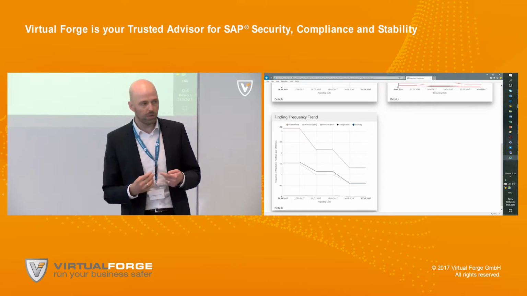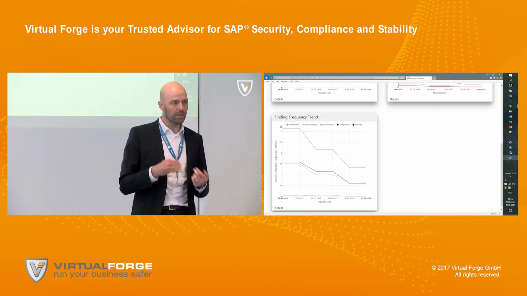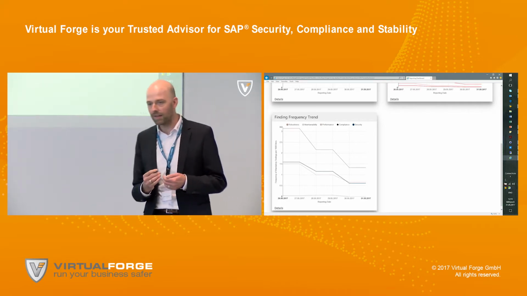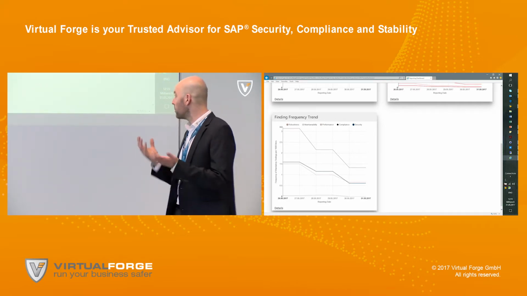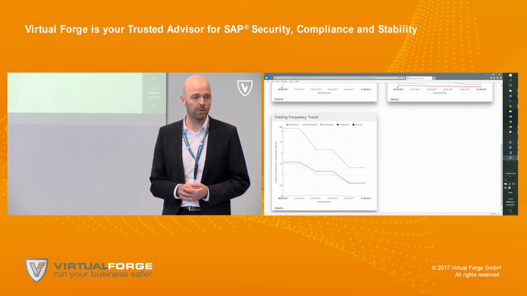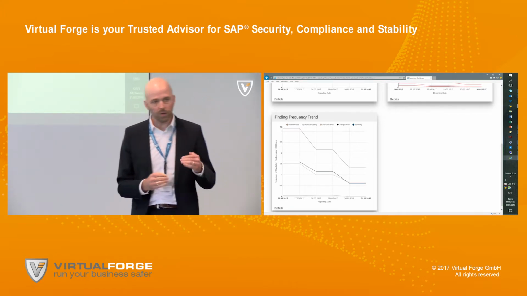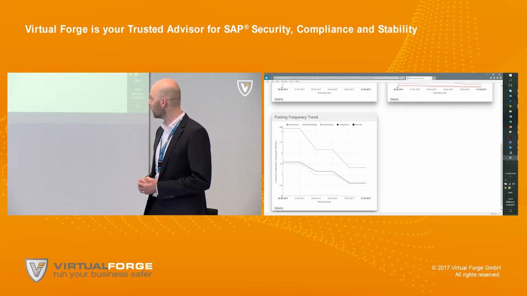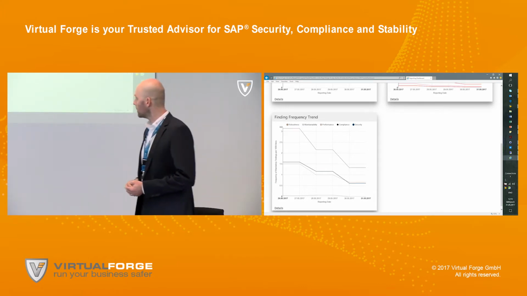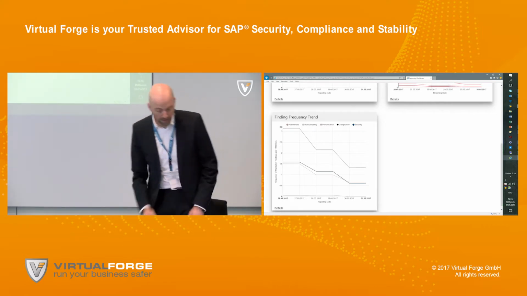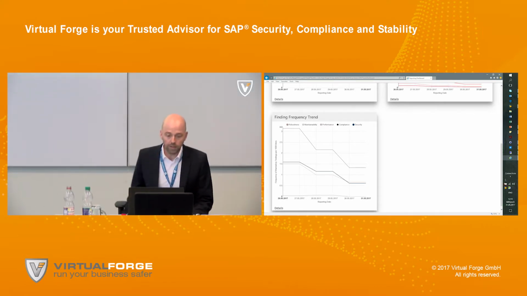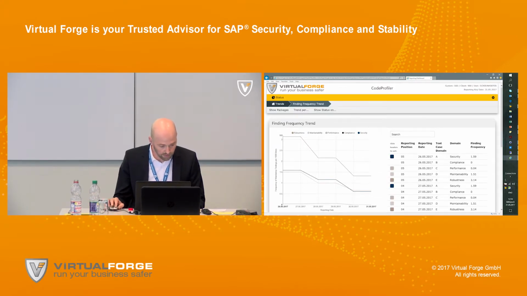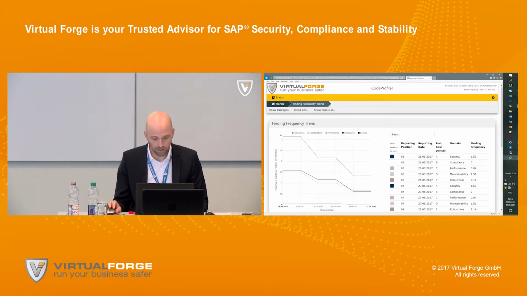And if you want to ask the question, are things really getting better? Is your code quality getting better? Then this would be the first KPI you start with. So is the amount of findings per a certain amount of code, is that ratio going down? Then you're doing better.